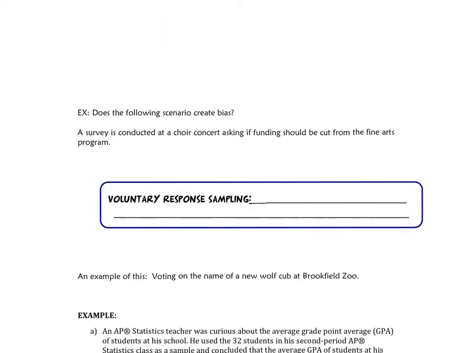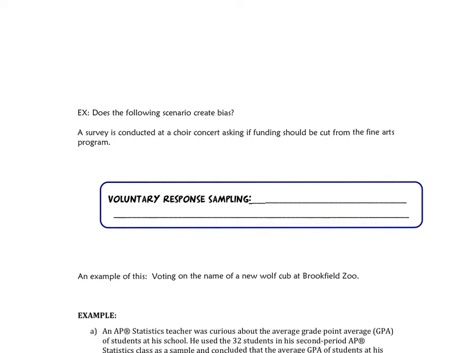All right, next example. Does the following scenario create bias? A survey is conducted at a choir concert asking if funding should be cut from the fine arts program. So do you think this scenario would create bias? What we want to know is, does the population believe that funding should be cut from the fine arts? If I go to a choir concert and ask, is this creating bias? Well, yes, this is just like my movie theater example. People at a choir concert probably love the fine arts.